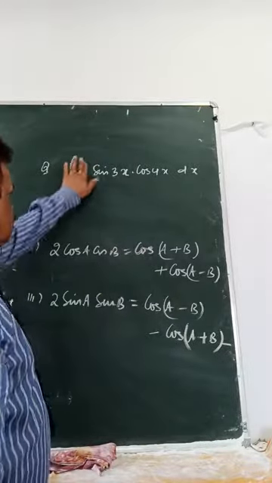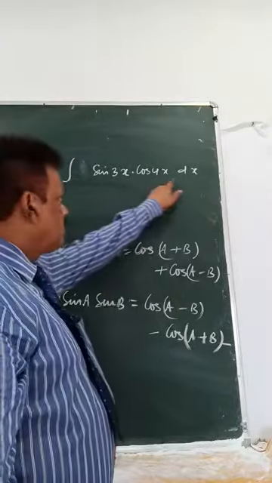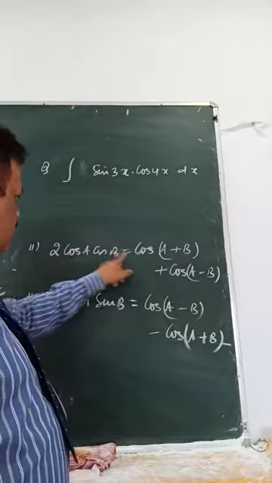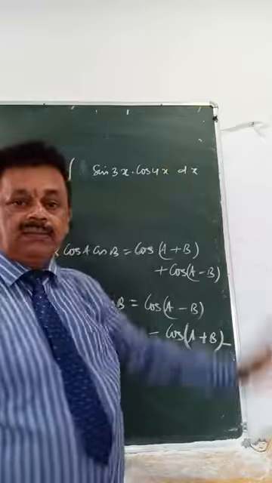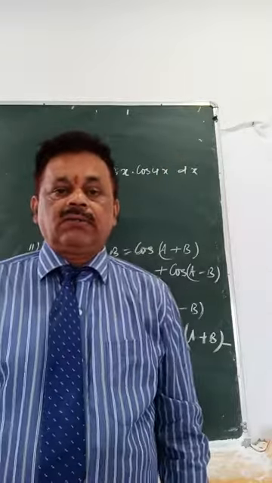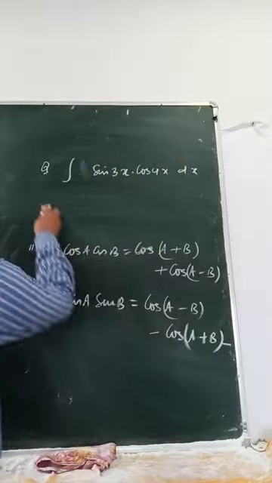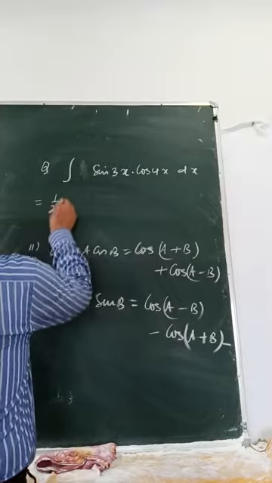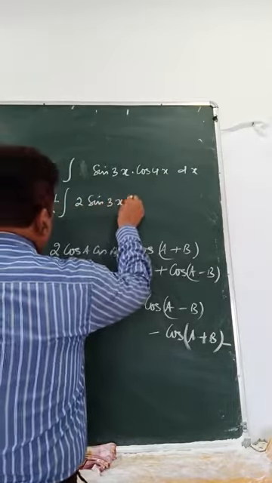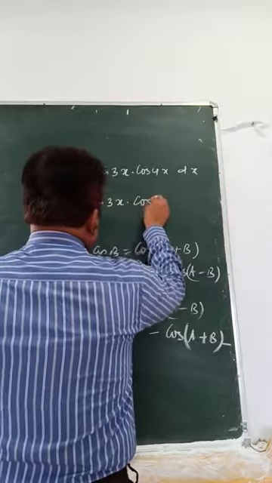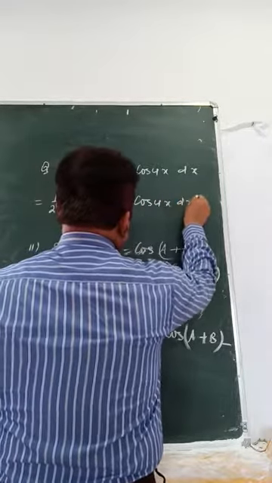If there is no 2, then you have to create it in the form 2 cos A cos B, 2 sin A sin B, or 2 sin A cos B. So how to create 2 sin A cos B? Write half of the integral of 2 sin 3x cos 4x dx.